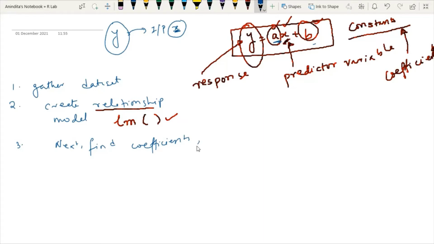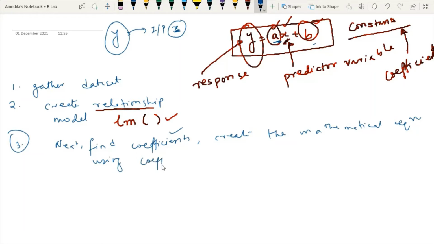So finding the coefficients is one step in this third stage, and at the same time we also have to create the mathematical equation using these coefficients. Whatever coefficients we are finding, we create the mathematical equation using them. So this is the third step.